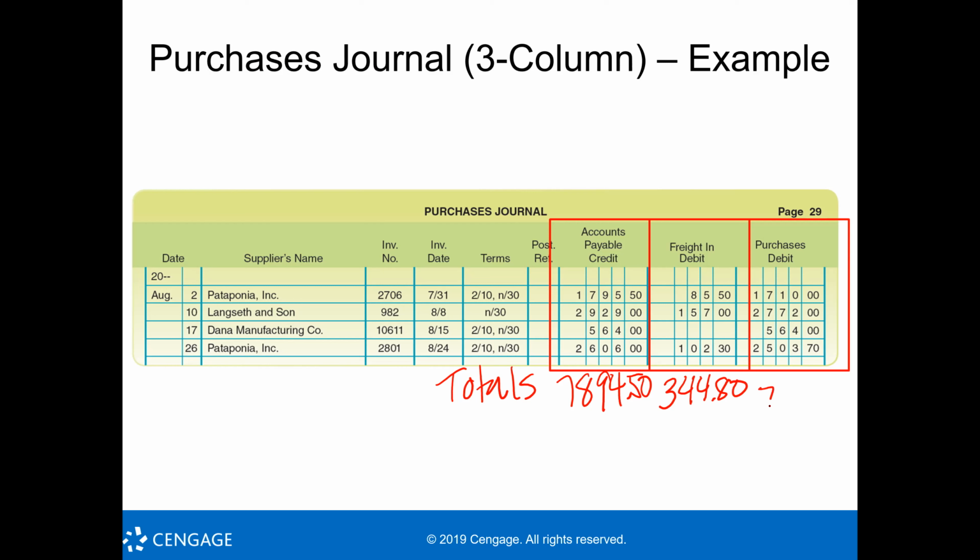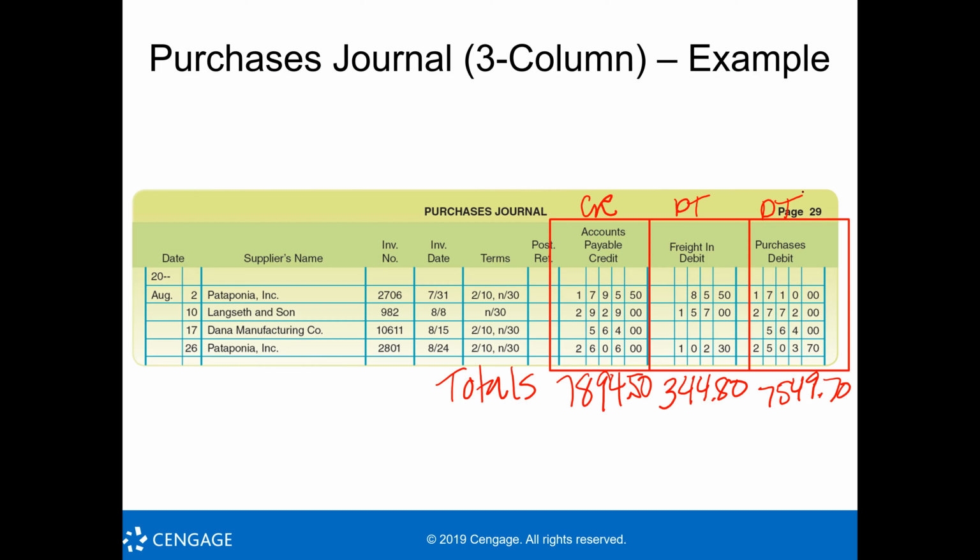We've got 7549.70. So we're going to credit accounts payable for this amount. We're going to debit freight in for this amount, debit purchases for that amount.